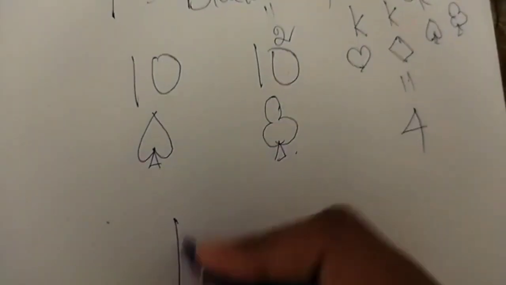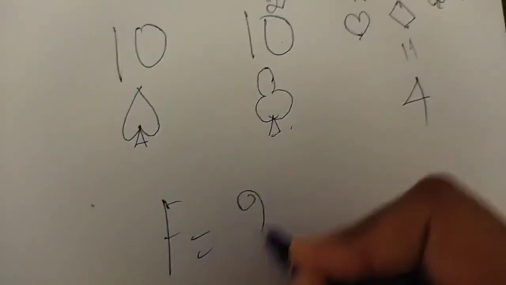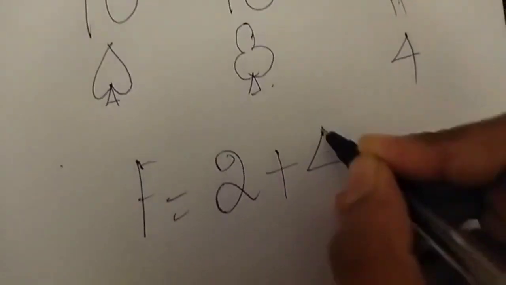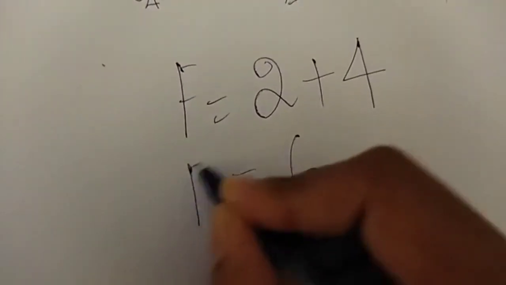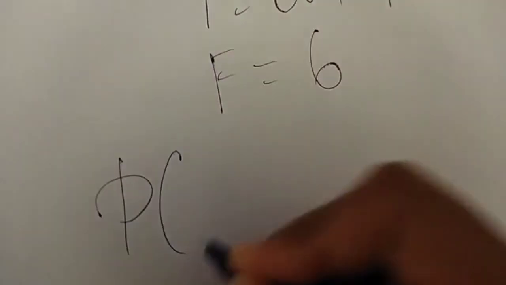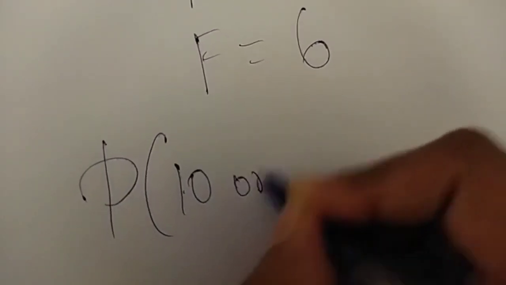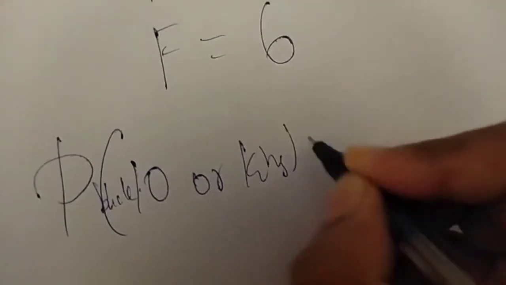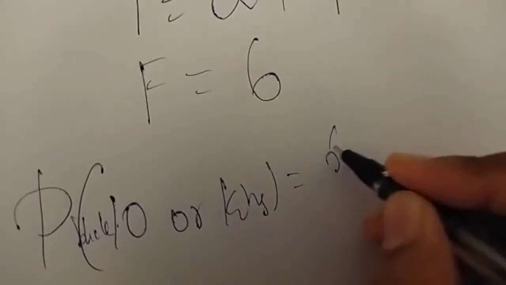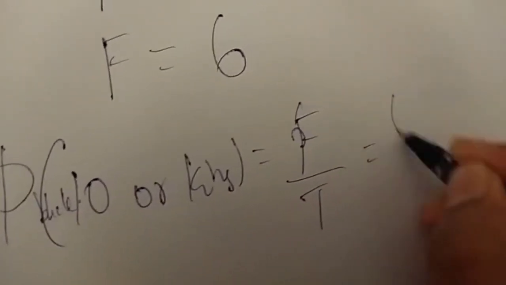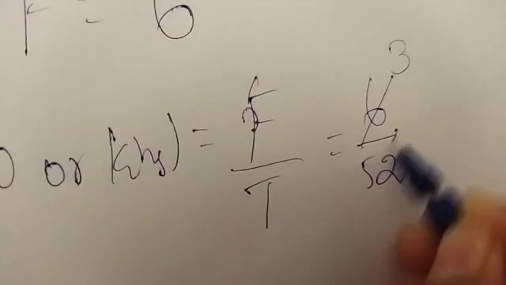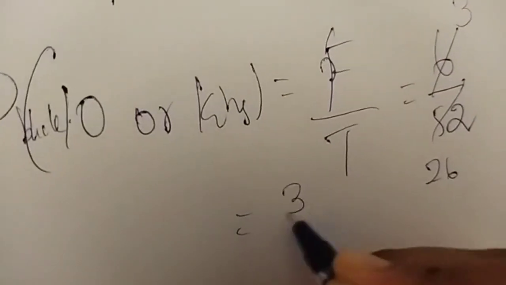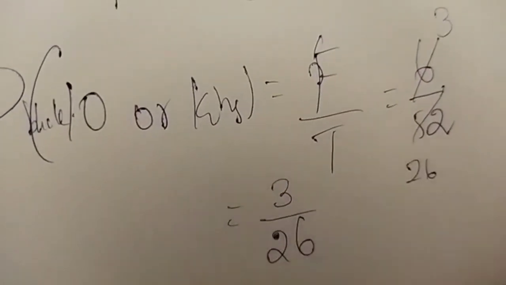So favorable outcomes are 2 black 10s plus 4 kings, which is equal to 6. So the probability of getting a black 10 or a king is favorable by total, that is 6 by 52. If we divide by 2, it becomes 3 by 26. The probability is 3 by 26.